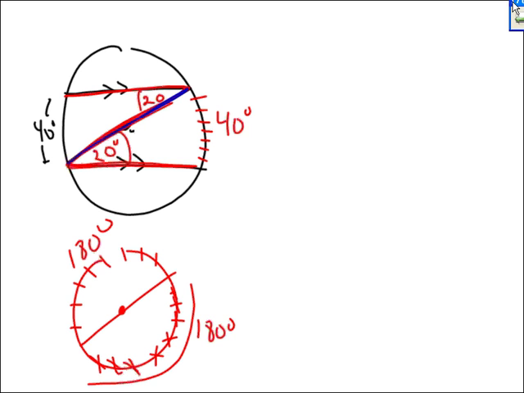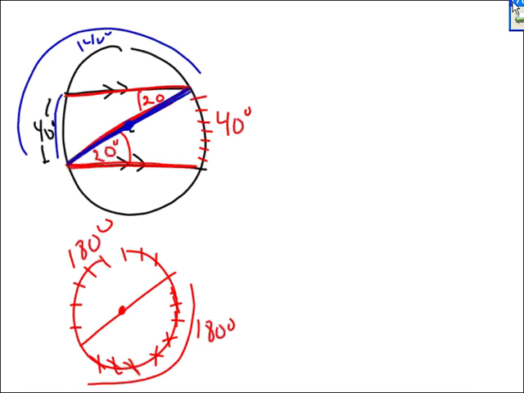This is a diameter. It did cross the center. That was given. That means this arc is 180. Oh, if this portion is 40, then the remaining portion must be 140.